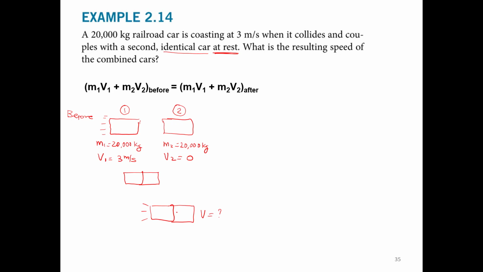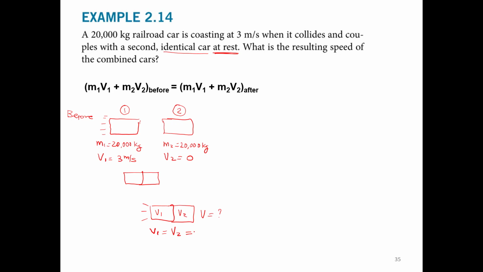Then what happened with the velocities of this and the second car after the collision? Because they move together, they are moving at the same time, then we can say these two velocities must be the same because they are moving together.